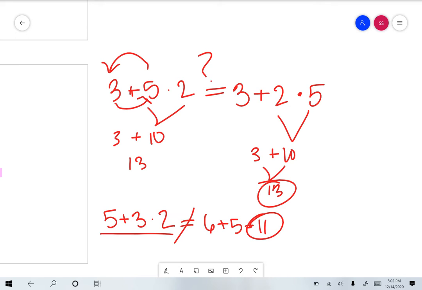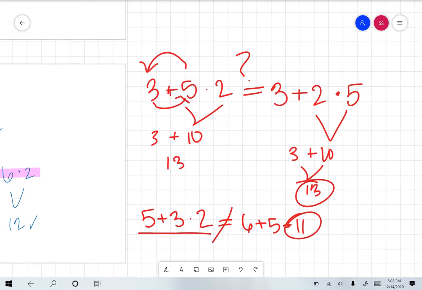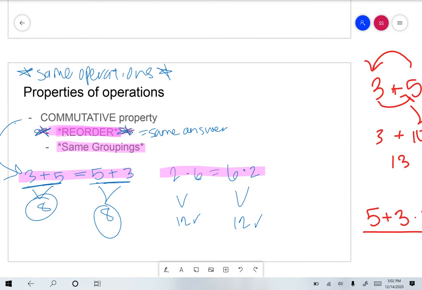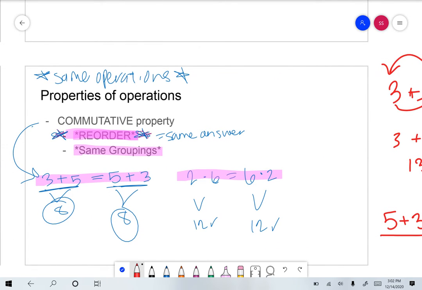So what's kind of a tricky thing to look for with commutative property is that you have to either be adding everything or multiplying everything, for it to actually work. Okay. The exception to this would be if you are using parentheses.